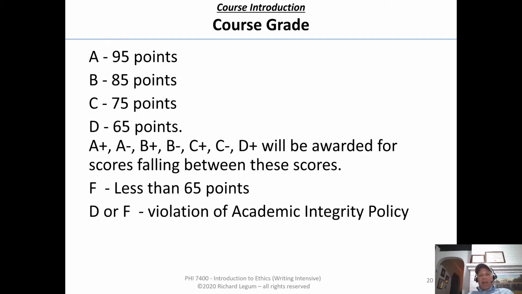If you violated the academic integrity policy, which we'll talk about in a little while, plagiarism, if you've copied something, and in this course there shouldn't be that much that you're ever copying, because I'm going to ask you to write papers that are expressing your own understanding of the concepts.